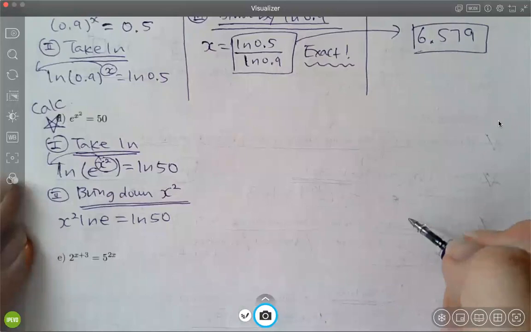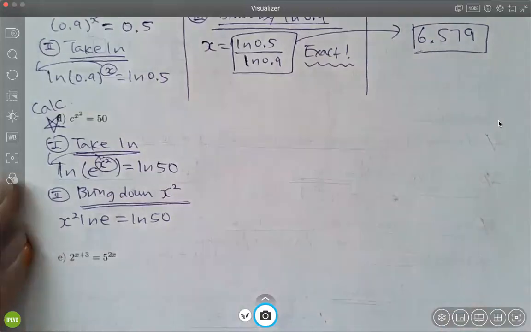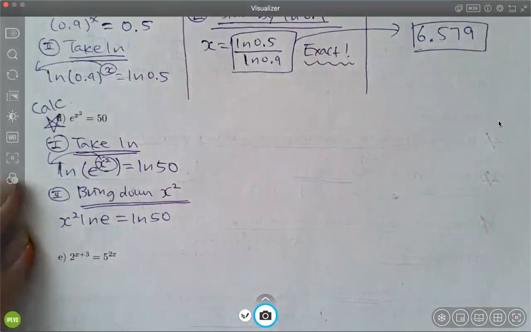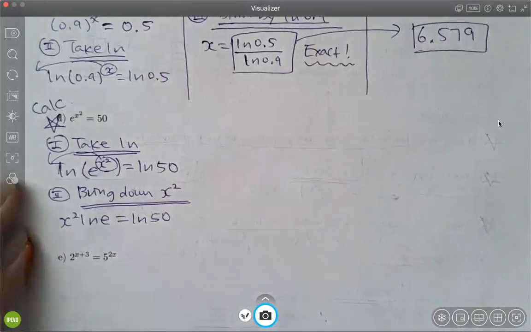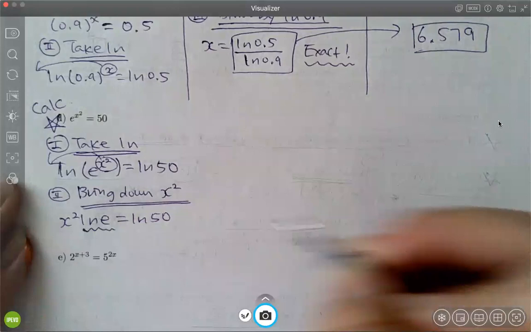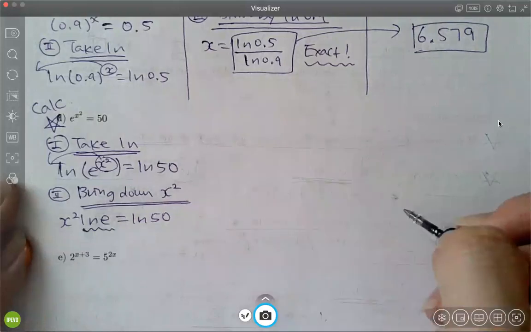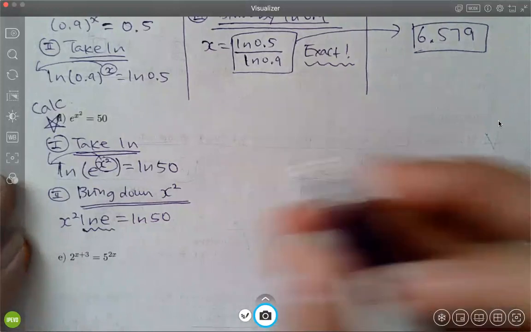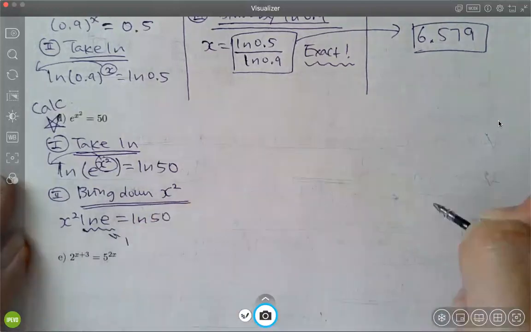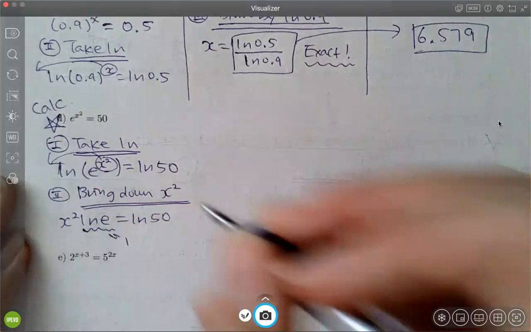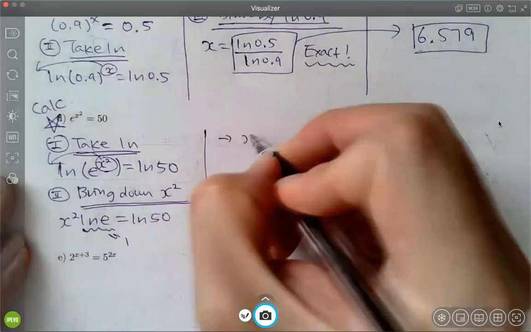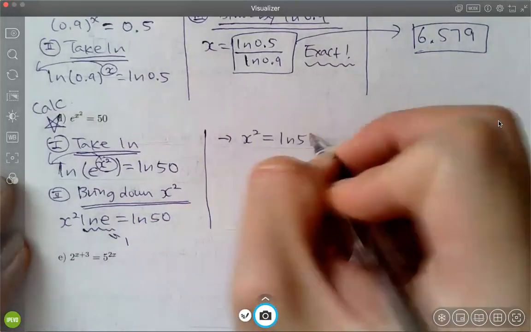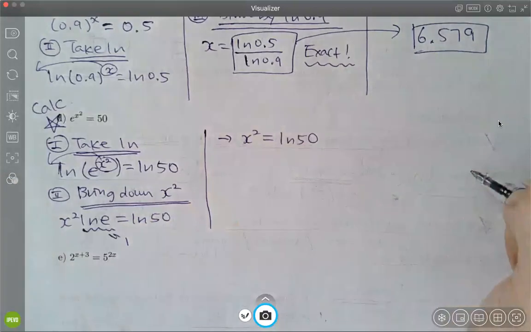Okay, and now you divide each side by ln e, but before you do that, what is ln e? Have we seen this before? Yes, ln, remember, is base e logarithm, right? So ln e is what? 1, right? Yeah, so we have just x squared equals ln 50. Okay, so how do you get x by itself?